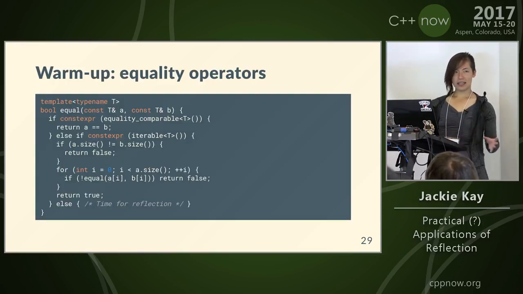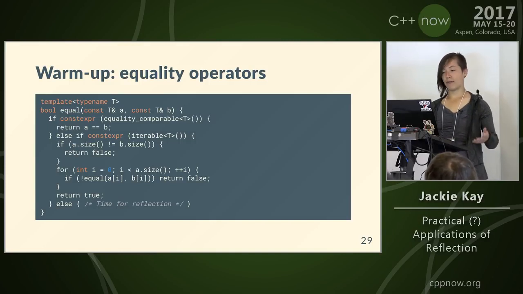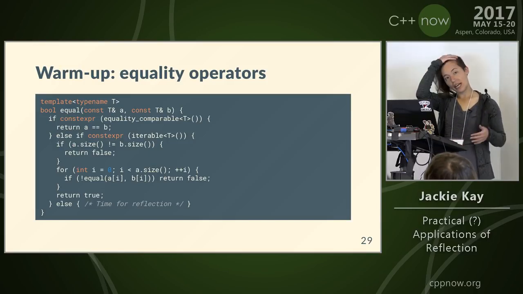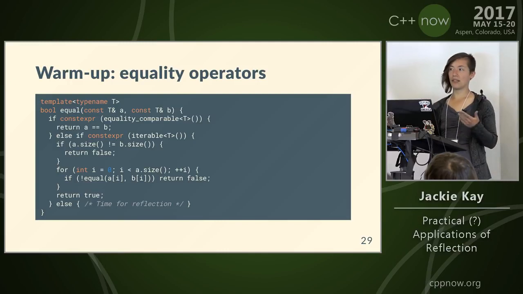But one example of what you can do with reflection is you can create a generic equality operator for a given type, or determine if it's impossible to create such a thing. So I'm going to refer to record types. And when I refer to a record type, I mean something that has members, roughly. It may have a more technical, pedantic definition.